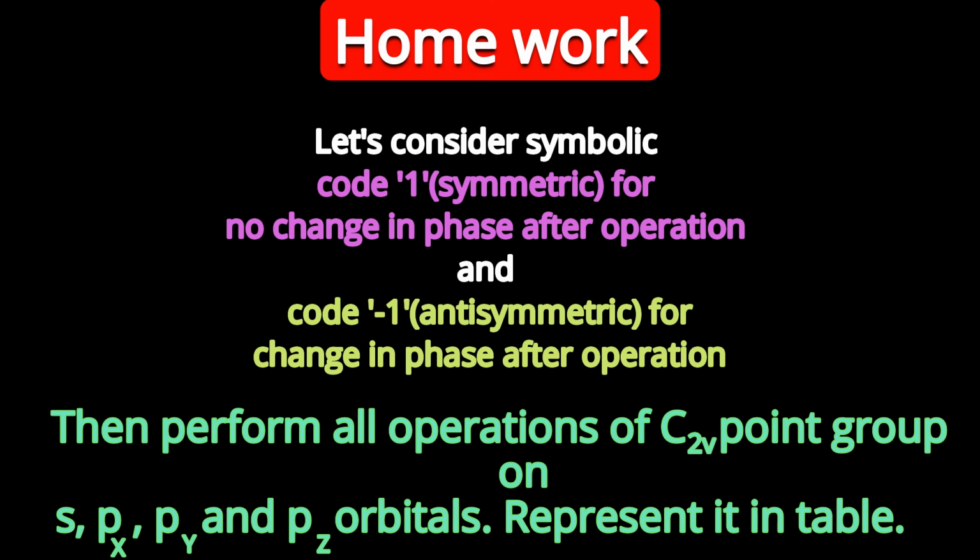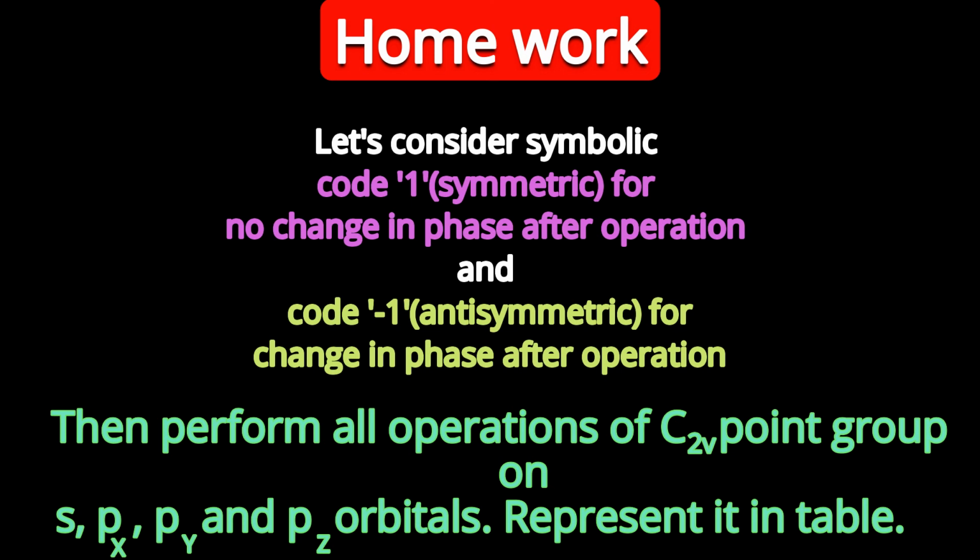After C2, there will be a change, so I'll write -1. After the sigma operation, sigma means molecular plane, there is a change, so -1. After the sigma dash operation, no change, so I'll write 1.